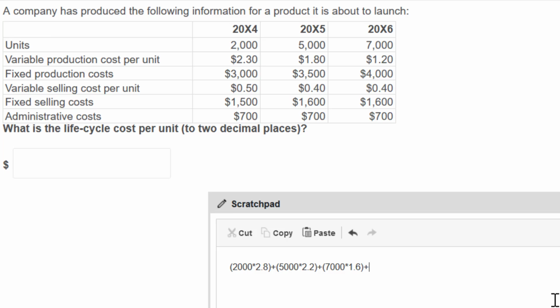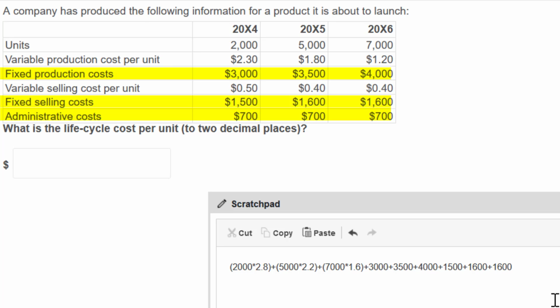Now we need our fixed costs, and we've got three categories here: production, selling, and admin. So we can just add all of those to the variable costs. So that's plus 3,000, plus 3,500, plus 4,000. Those are the fixed production costs. Plus 1,500, plus 1,600, plus 1,600.